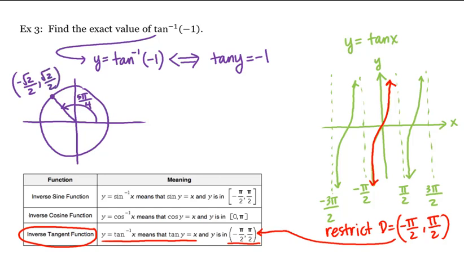But also, the tangent of this angle, 7π divided by 4, is also equal to -1 because the ratio of y to x here is also equal to -1. And the tangent of any of their coterminal angles is also equal to -1. But remember, looking down here, we have to have our answer in this interval.